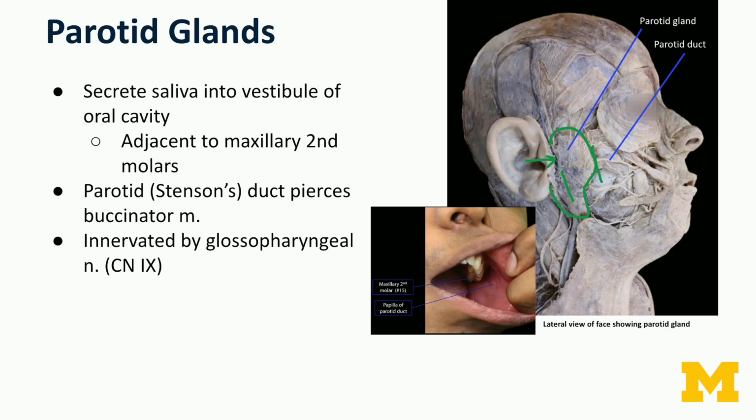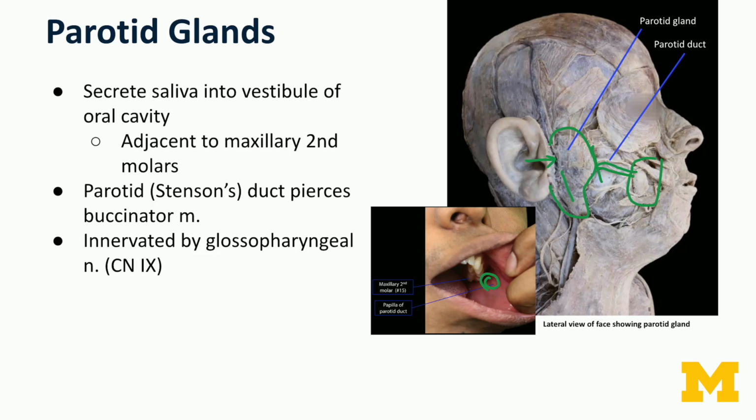the parotid gland has a duct known as the parotid duct or Stenson's duct that exits from the anterior aspect of the gland and goes deep into the buccal space, where it will pierce a muscle known as the buccinator, and it secretes into the oral vestibule through a papilla that is adjacent to the maxillary second molars.